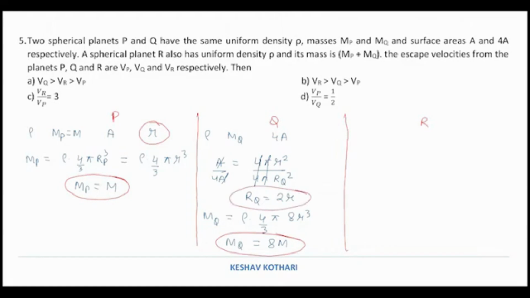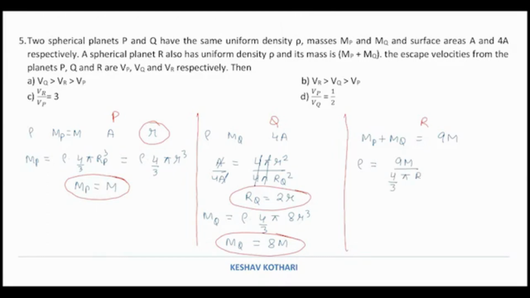Now the next thing which we talk about is R. For R the question says that the mass is mp plus mq. So mp plus mq sum together to give us 9m. So the mass is going to be 9m. Now since the density is the same for this material also, if we wish to calculate the radius, I can write density is equal to mass, that is 9m, by volume, so 4 by 3 pi rr cube.